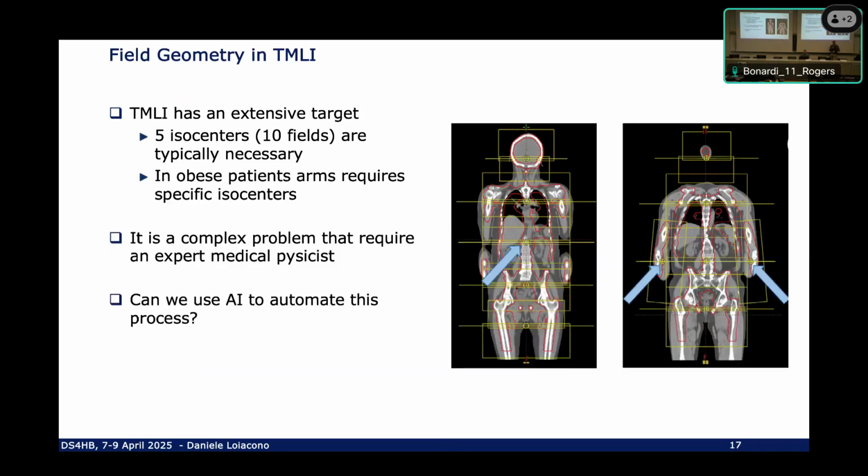In total marrow lymph node irradiation, we have the added complexity that, the target being so extensive, it is impossible to treat the patient with a single radiation field. So it's necessary to split the delivery into several radiation fields.